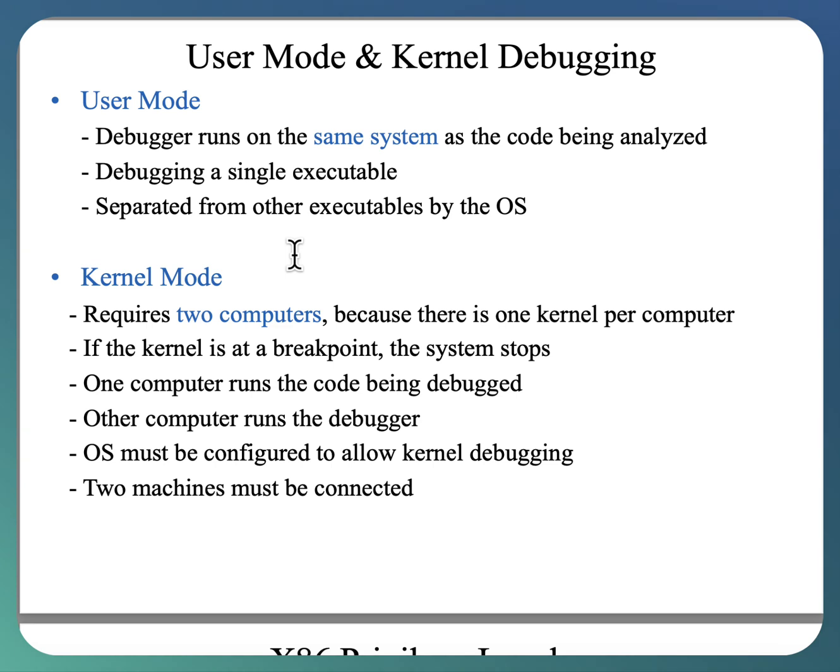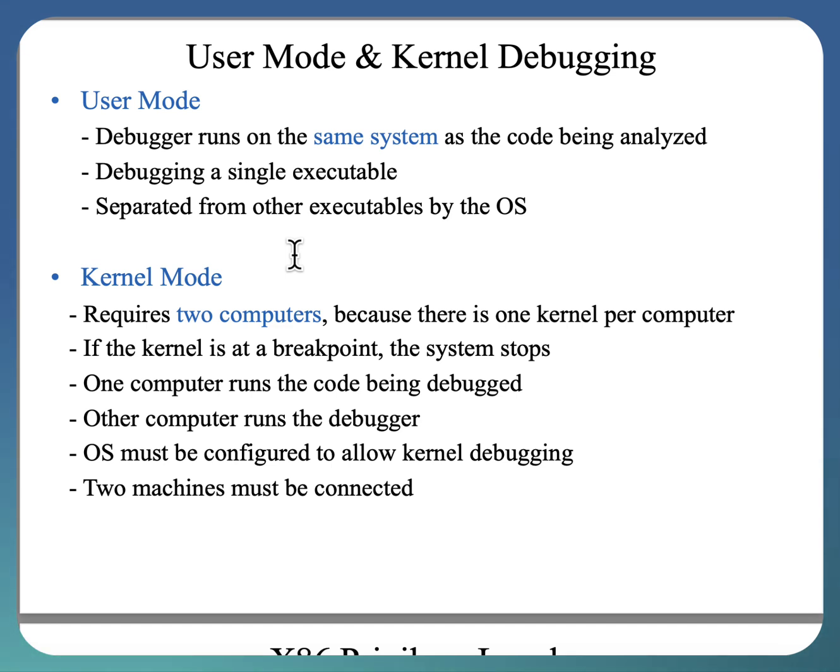Well, the kernel mode, considering that the kernel is the operating system itself, if you want to debug the kernel, debugging means that you're going to inspect the actions, you're going to inspect the values, the data that is being offered or used or provided by that application. So if you are debugging an application, but this application is the operating system itself, because the operating system is the kernel, you won't be able to use the operating system.